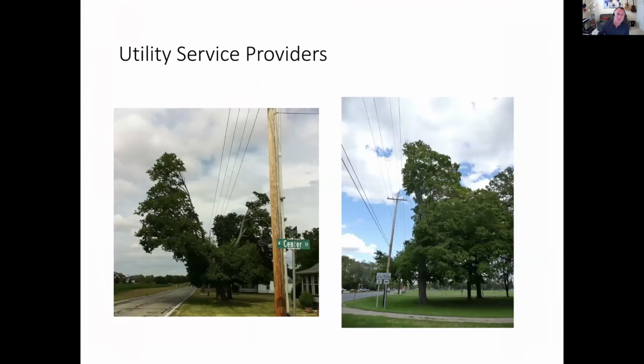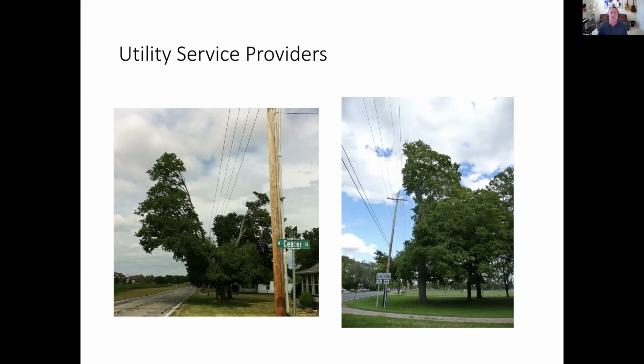Otherwise, this is what we run into when trees and utilities collide, so to speak. And usually, it's not the fault of the tree or the utility. It's usually the result of us planting trees where they shouldn't be. But with this situation, the trees were already there, but due to the demands from the utilities, new infrastructure and hardware has to be installed.